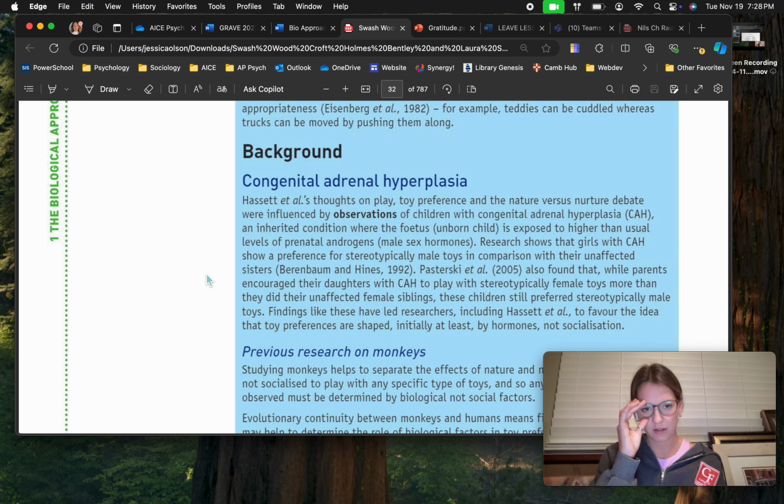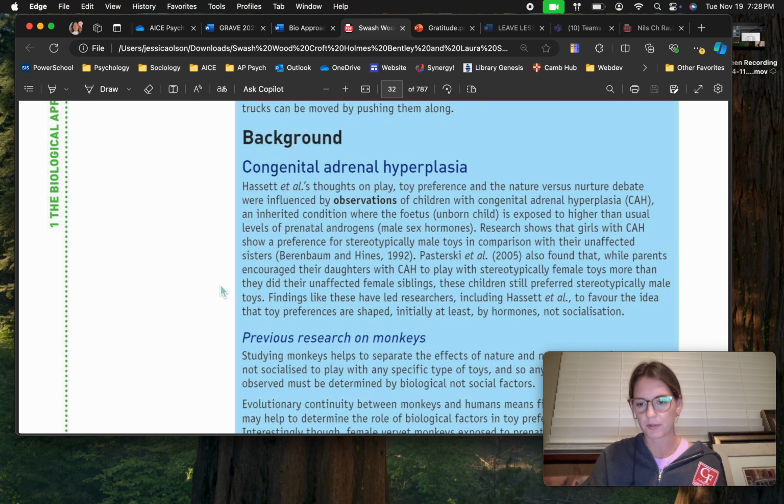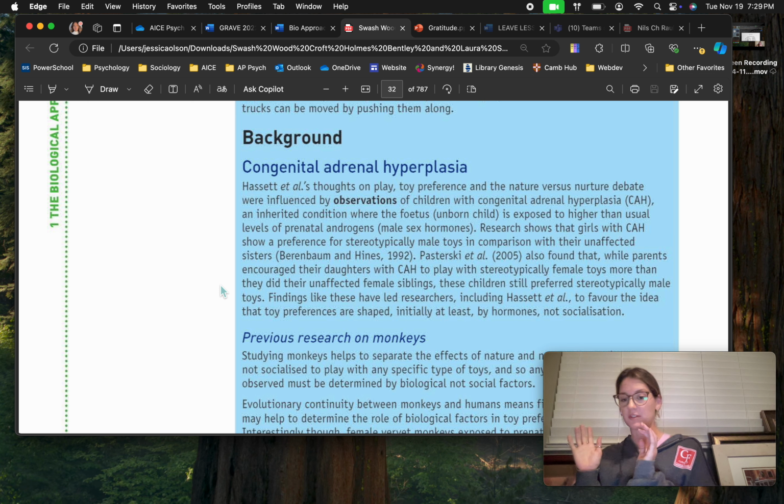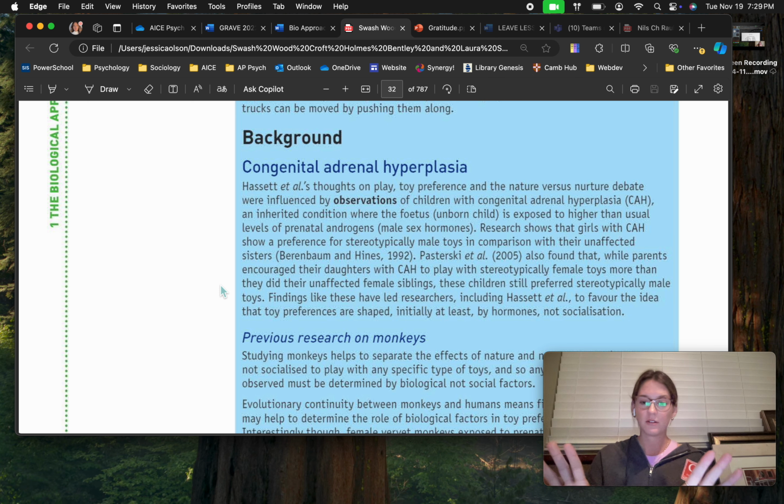Okay, now, this study was a controlled observation. I hope you guys already got that. Even though it was in a lab, it was not a lab experiment. It was a controlled observation. They set it up, and then they had cameras that videoed the monkey kids.